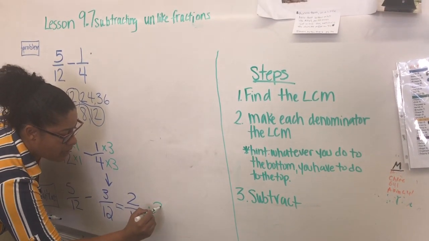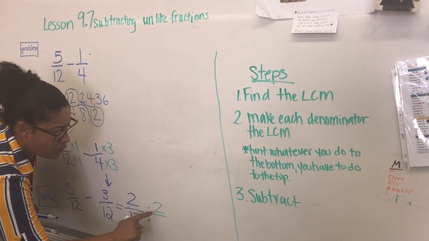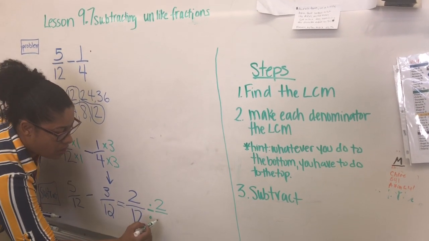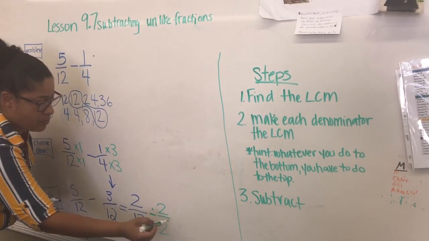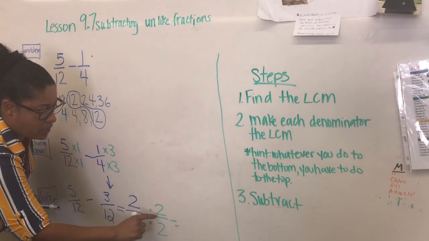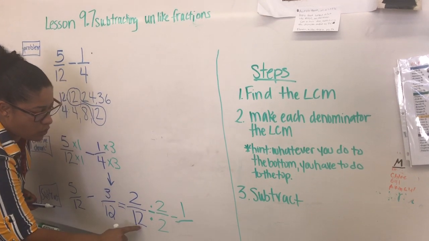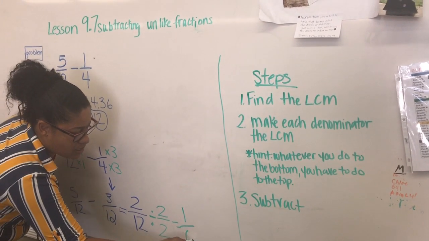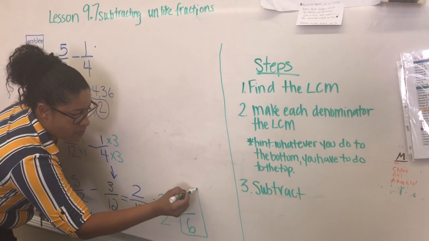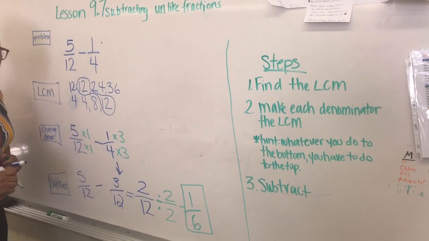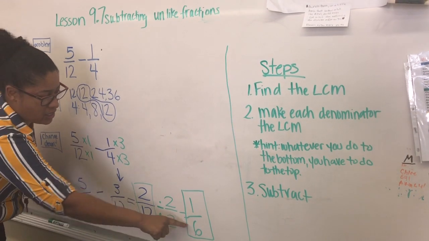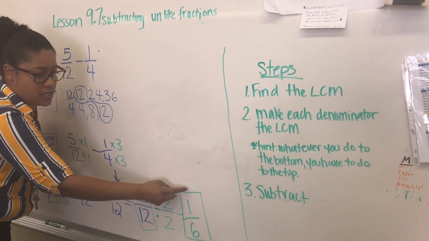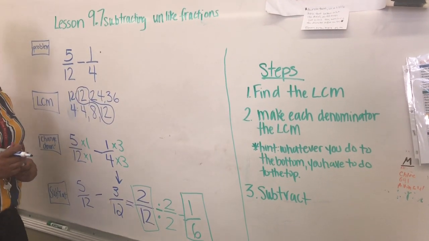So I'm going to divide 2 divided by 2, and whatever we do to the top, we also do to the bottom, and 12 divided by 2. So 2 divided by 2 is 1. 12 divided by 2 is 6. And so this would be what's called simplest form. So both this answer and this answer are the same, but this is the answer that will give your student full credit.